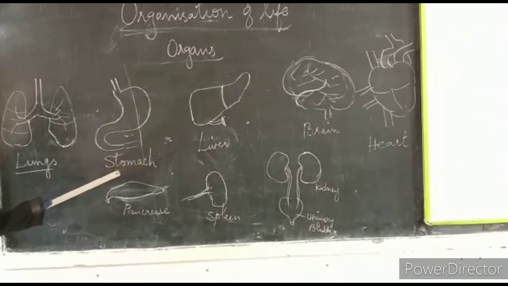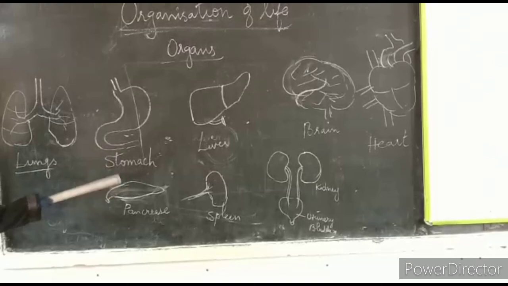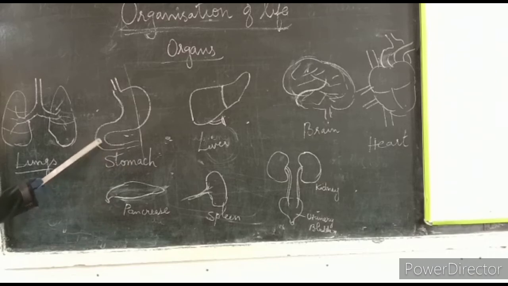Here in the small intestine we have three parts: duodenum, jejunum, and then ileum. The duodenum is the beginning part, which is connected with the pancreas and the bile duct. And then the jejunum and then the ileum. In the ileum, we have finger-like structures. The ileum helps the food particles to digest further.